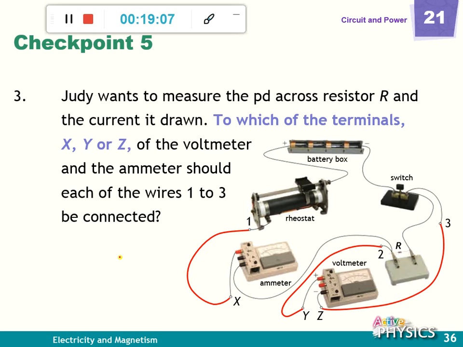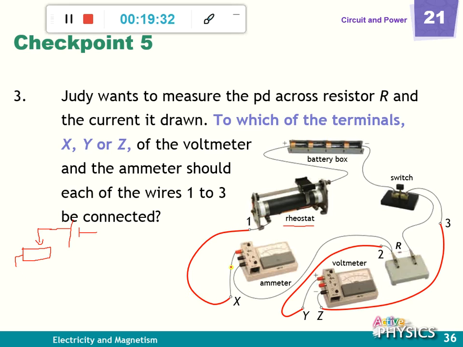Okay, I want to draw it for you. Usually starting from the battery box, which means the power supply, the longer one is positive, the shorter one negative. This one will be connected to the variable resistor, the rheostat. The symbol of it is like that. Then that's all.